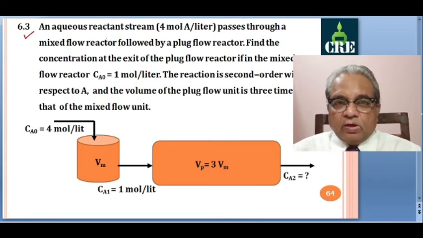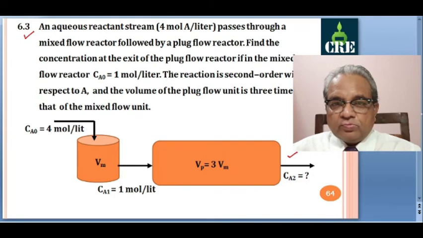6.3. An aqueous reactant stream, 4 moles of A per liter, Ca0 is given as 4 moles per liter, passes through a mixed flow reactor followed by a plug flow reactor. Find the concentration of the exit stream. This Ca2 we have to find out.